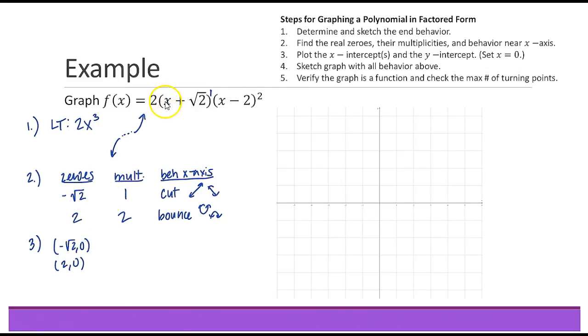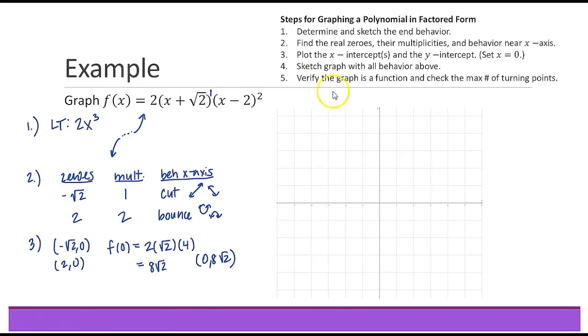The y-intercept, we would have to plug 0 into these x's. So to find the y-intercept, f of 0, that's 2 times radical 2 times 4. If I plug in a 0 here, negative 2 squared is 4. So I have 8 radical 2. So my y-intercept is 0, 8 radical 2.